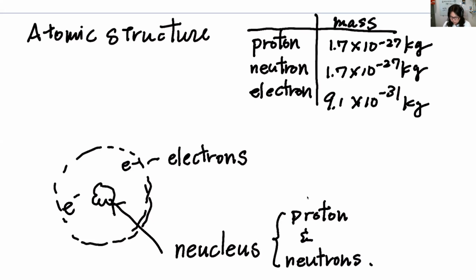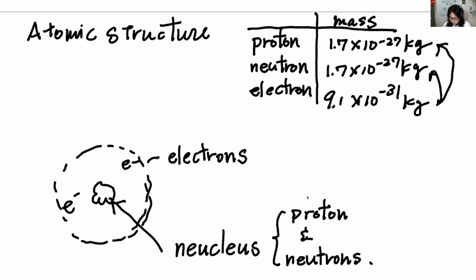So these protons and neutrons, compared to electrons, are 2,000 times heavier than electrons. What the atomic structure looks like is that you have a very heavy, dense core in the very center, a nucleus made up of protons and neutrons.